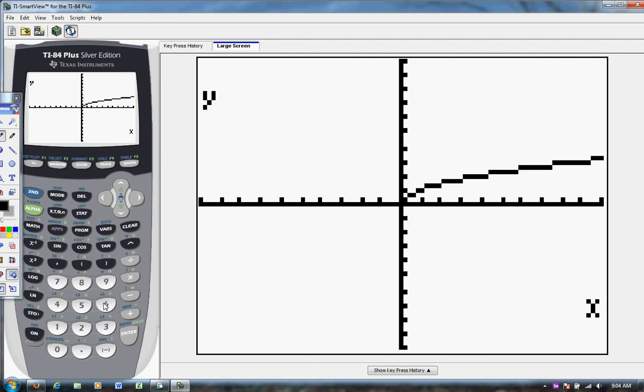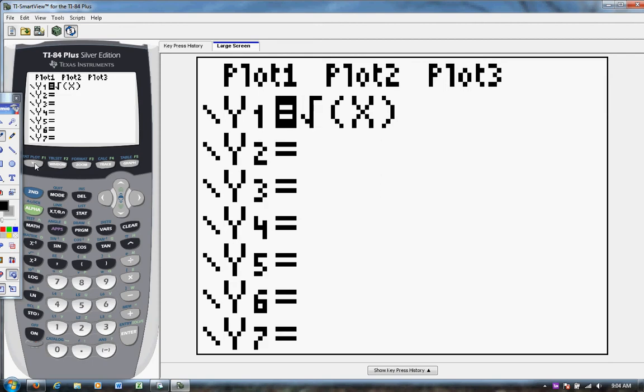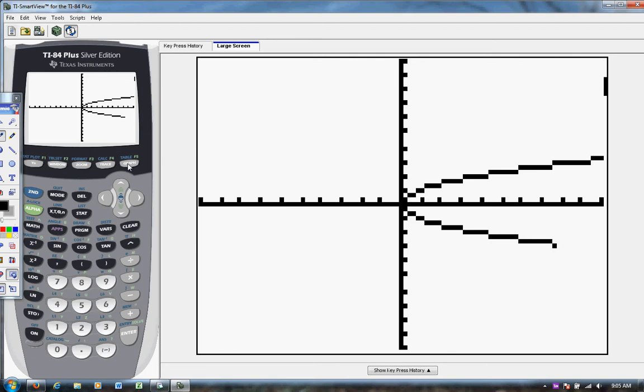Now, let's go back to my y equals. And in my y2, let's put a negative in front of the square root of x. Don't put a minus sign. It'll be an error. Put a negative, and then square root of x. And let's see what happens. There it is.